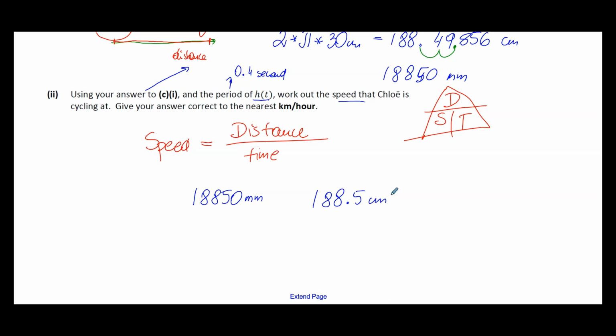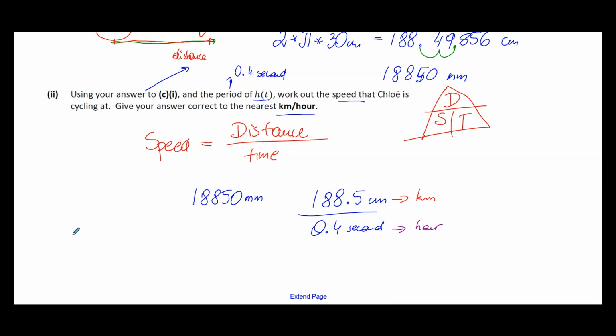And the time it takes her is 0.4 of a second. Our answer cannot be centimeters per second, it has to be kilometers per hour. So I need to change this to kilometers, and that to hours. How do we do that type of conversion? That's what we have to watch out for.